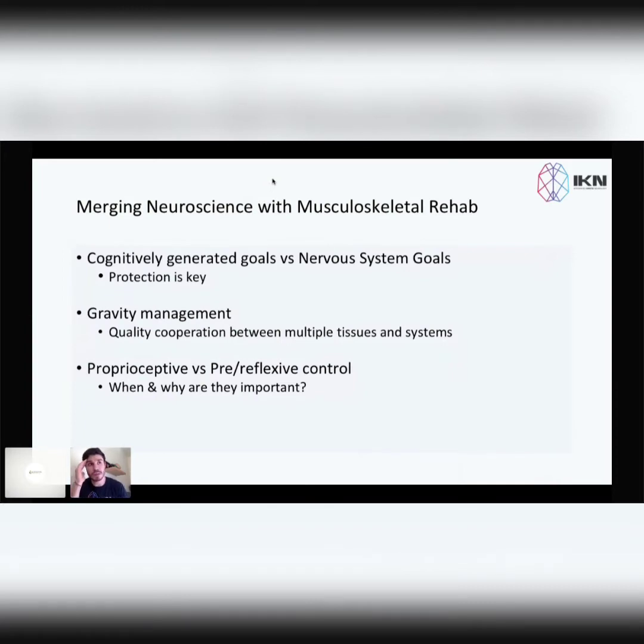We need to shift our thinking to say, okay, maybe that area is taking too much stress. Maybe that's accepting all the load. So how can we share the load? Maybe the outside needs a bit more load. Maybe the inside needs a bit more load. Maybe the back needs a bit more load. The posterior part of the limb needs a bit more load to share that stress over a greater surface area.